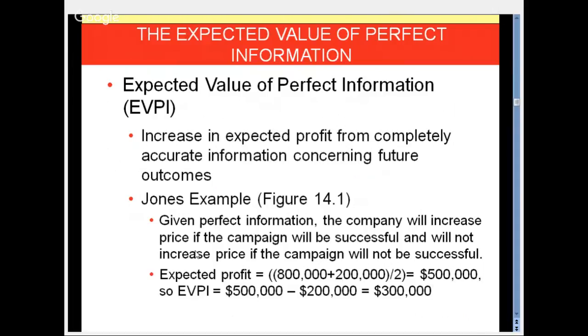I add those up, that's $1 million. Divide that by 2, 50-50, or multiply each one by 0.5, and that gives me an expected value with perfect information of 500,000, minus the 200,000 that I'd get if I didn't. And so the expected value of perfect information is 300,000.